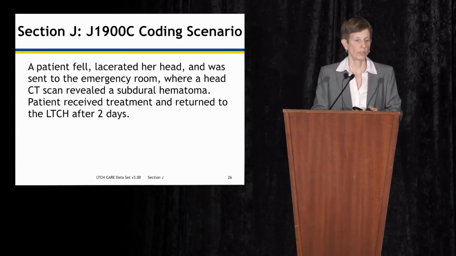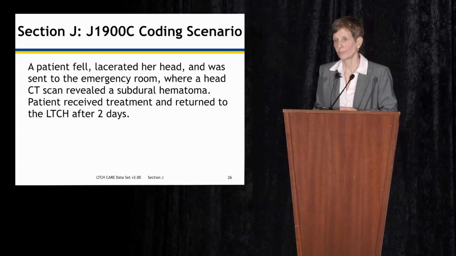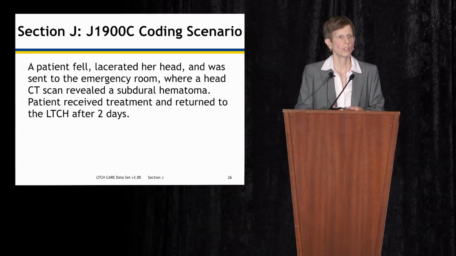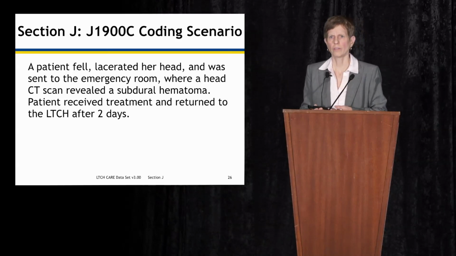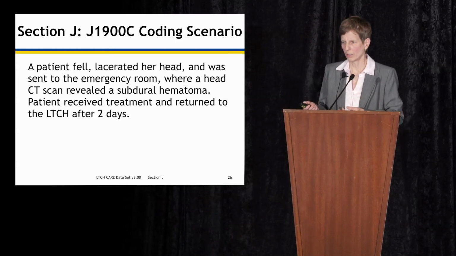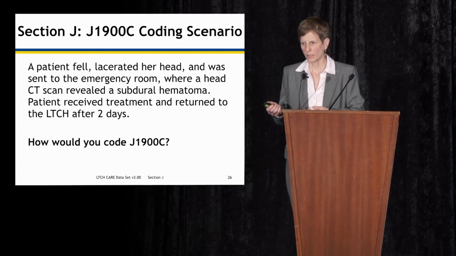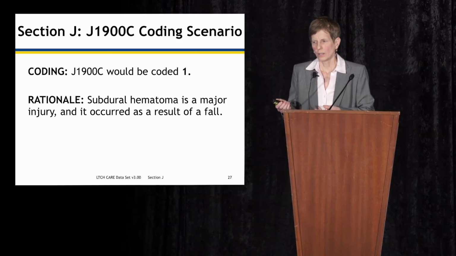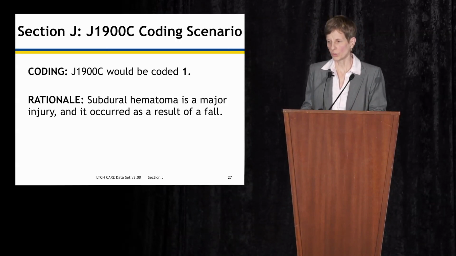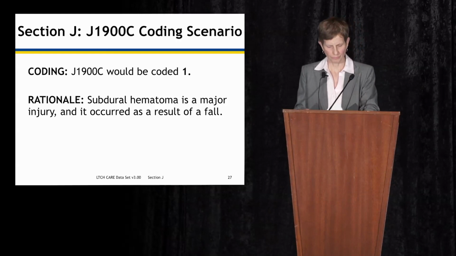The patient received treatment and returned to the facility after 2 days. So the choices are 0, 1, and 2. Did this patient have a major injury associated with a fall? And very good. That is correct. We code it 1 because a subdural hematoma, of course, is a major injury.